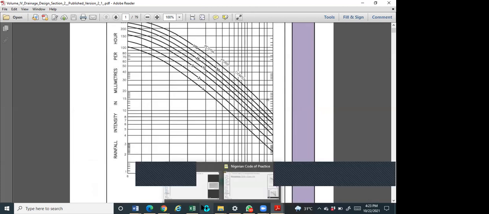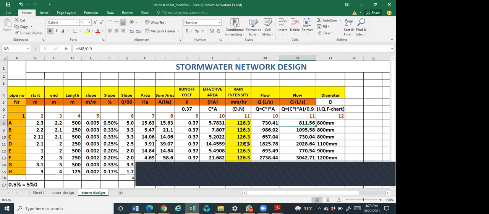That's giving me about 126 for 5-year rain. 5-year rain means that should be the value for city center or for urban areas. So I'll pick up the rain intensity there, convert it if need be, and then come here and dump it.